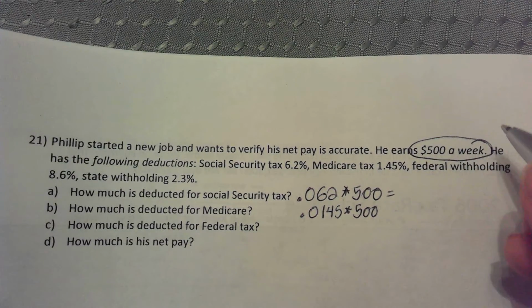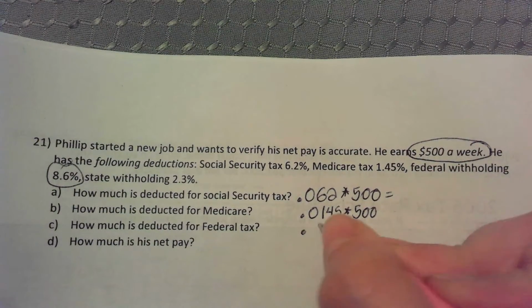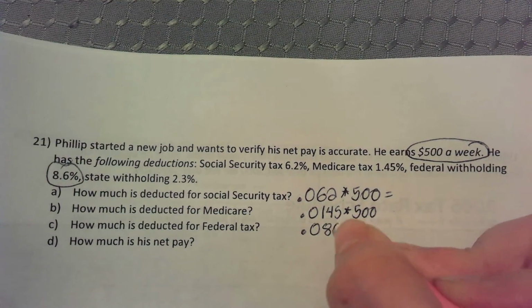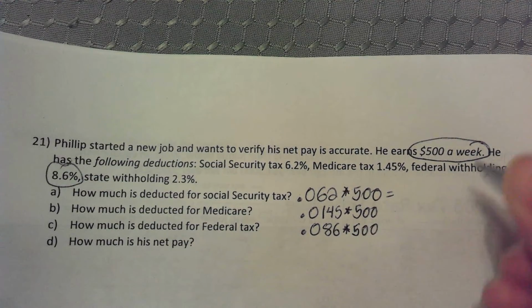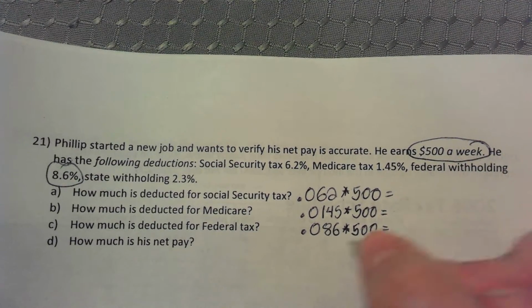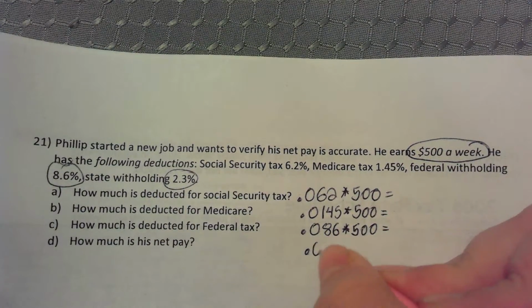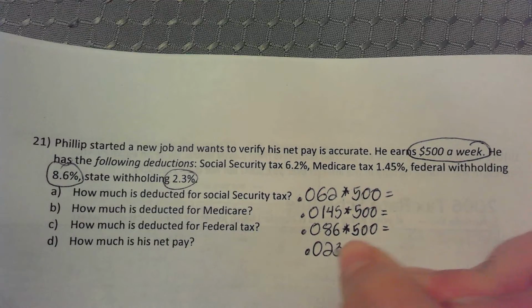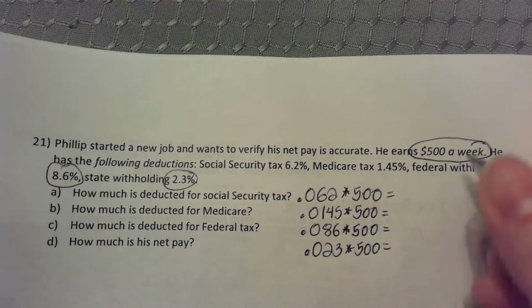Federal tax, they give us that it's 8.6. So remember, drop the percent sign, go to the left, add the decimal and the zeros, times 500. And state, remember, drop the percent sign to the left, so 0.023 times 500.